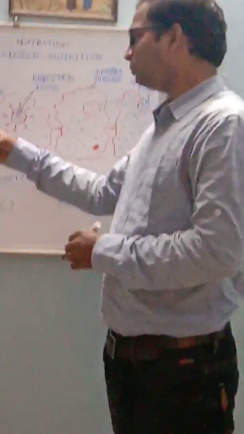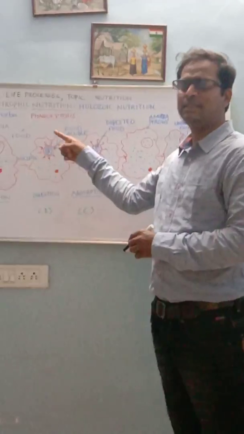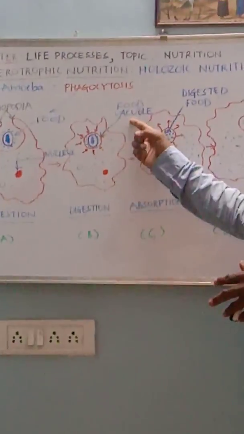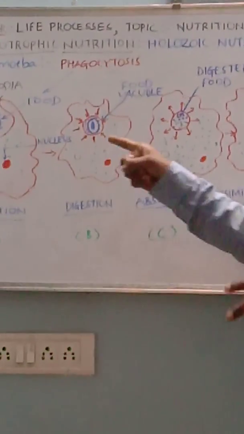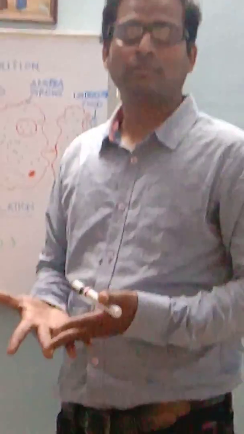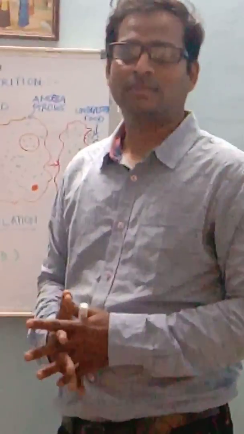Now, this food vacuole is formed, it has already enzymes present inside. So these enzymes will break the complex food into simple food. When you say complex food, for example, you remember carbohydrates are the complex food, and the simple food of the carbohydrates is glucose, simple sugars.